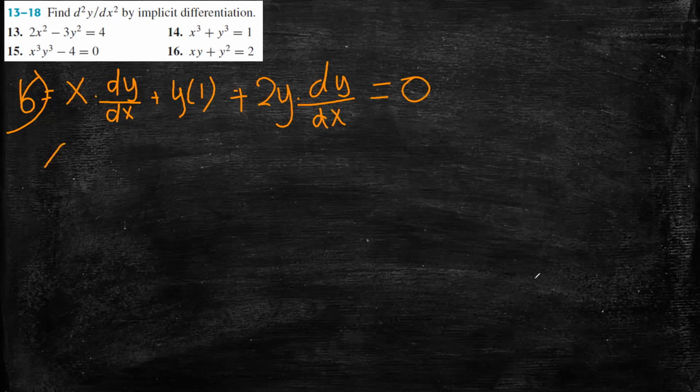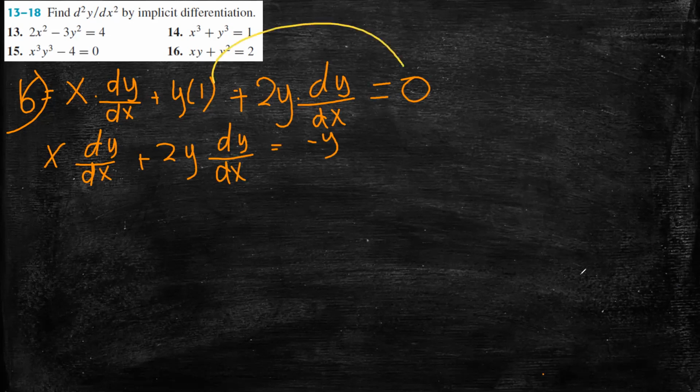So x times dy over dx plus 2y times dy over dx equal negative y. Why do we put negative? Because we move it to the other side here.